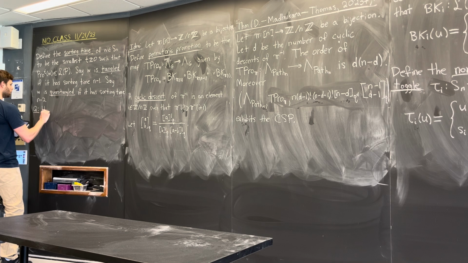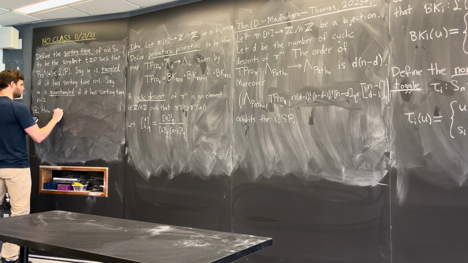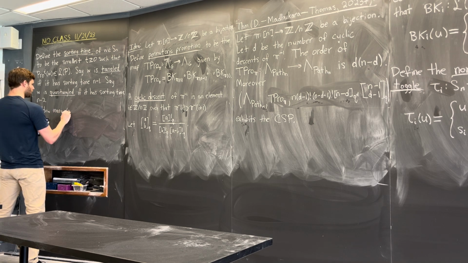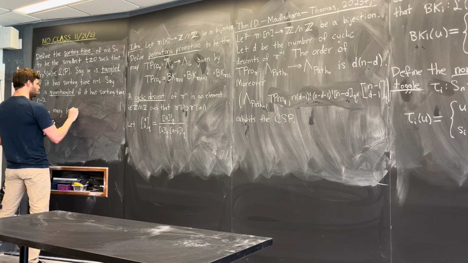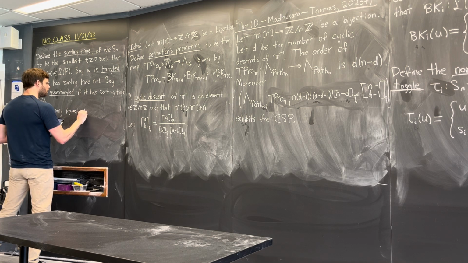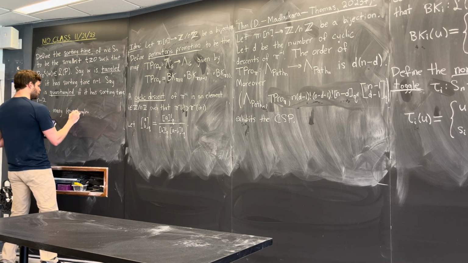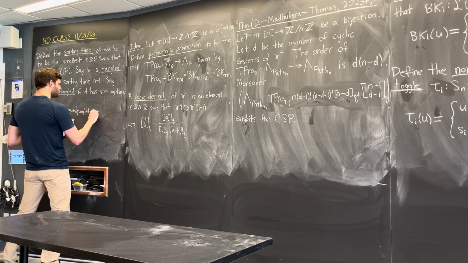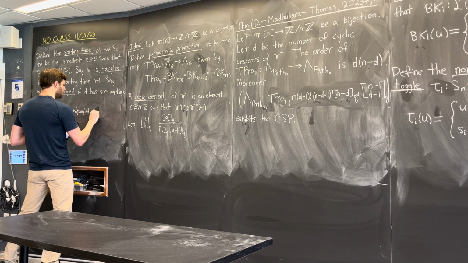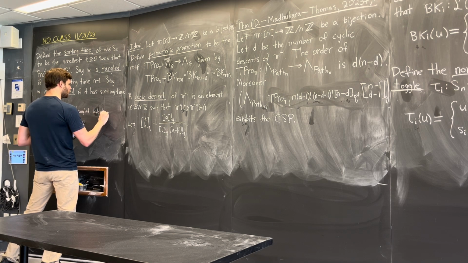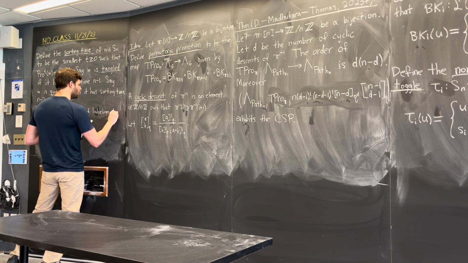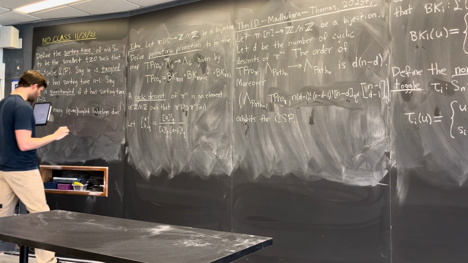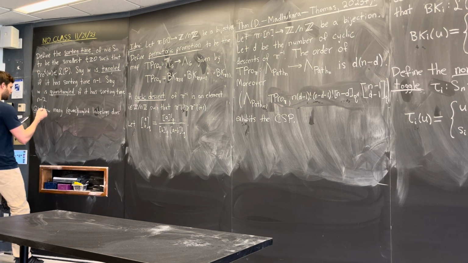So how many tangled or quasi-tangled labelings does a given poset have?